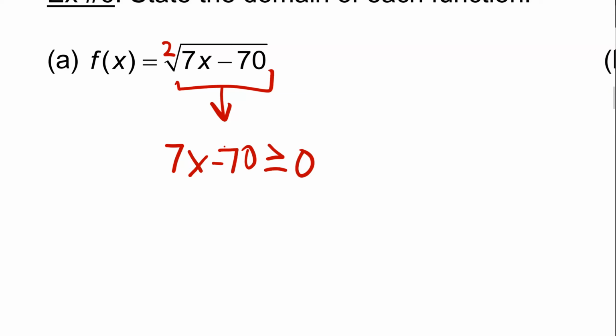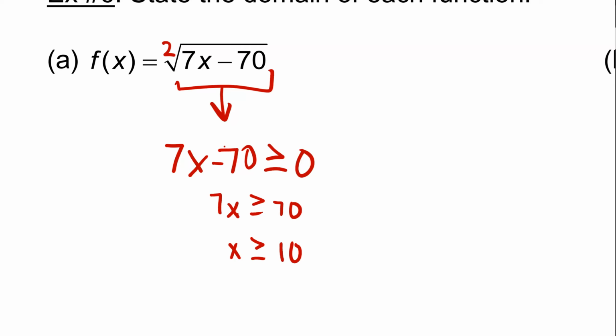I'm just reiterating, this is a second root, and 2 is even. Add 70 to both sides. 7x is greater than or equal to 70. Divide by 7: x is greater than or equal to 10.